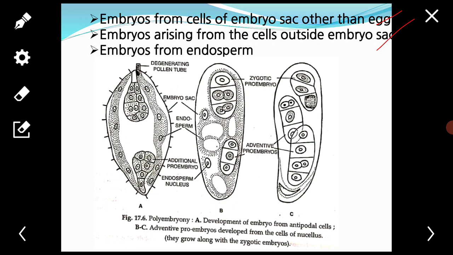Such embryos subsequently come to lie in the embryo sac and are nourished by the endosperm.